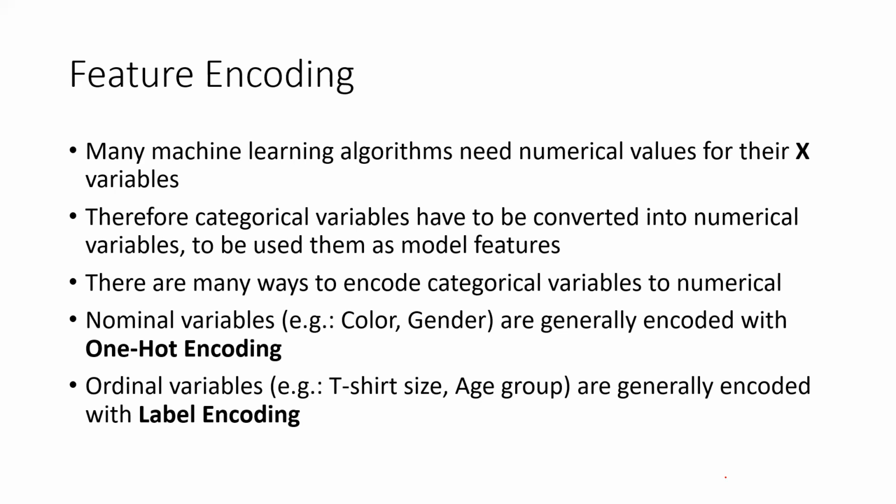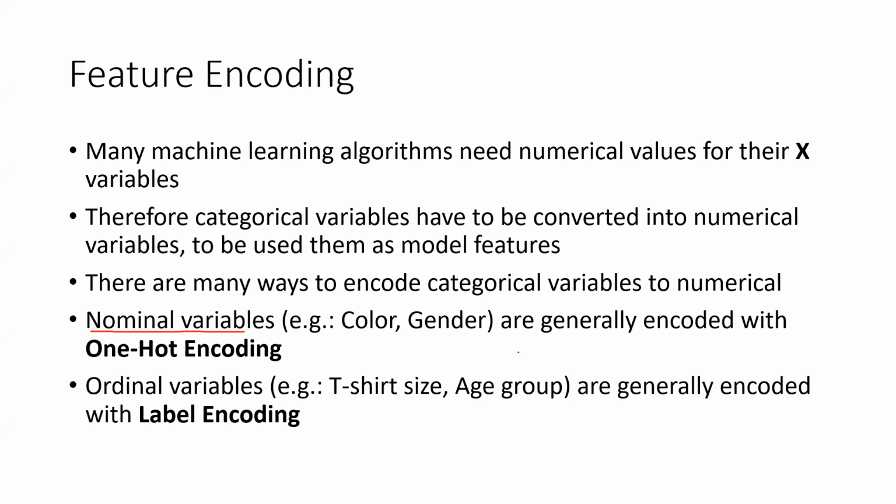So how do we encode a categorical variable into a numerical variable? Suppose you have a nominal variable like color and gender. Actually there are different ways of encoding, right?